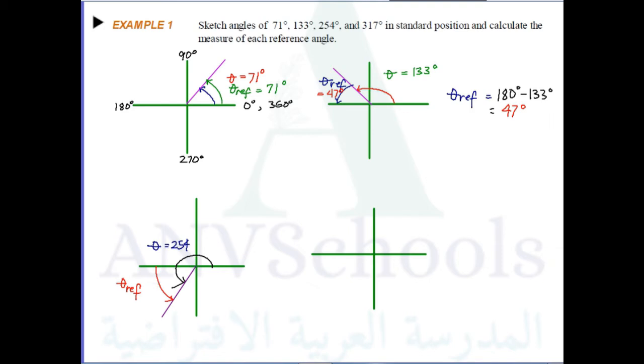So the answer for theta ref would be 254 degrees minus 180 degrees, and that will give us 74 degrees. Look, it's an acute angle. So all theta ref are acute angles. So theta ref is equal to 74 degrees.